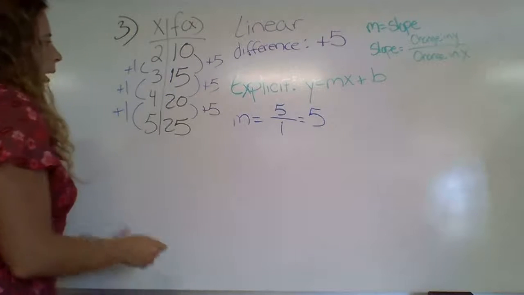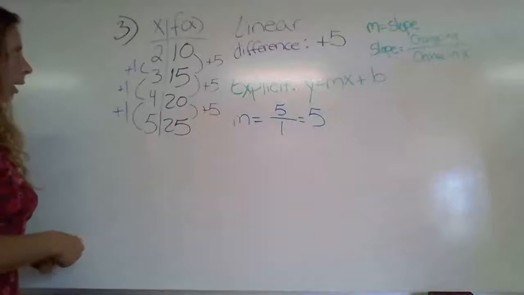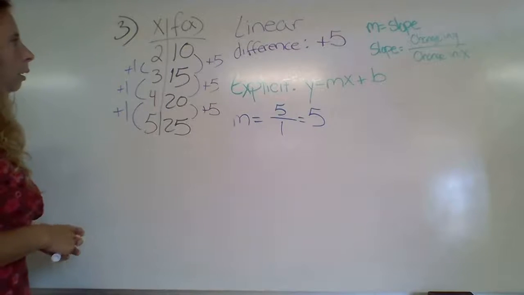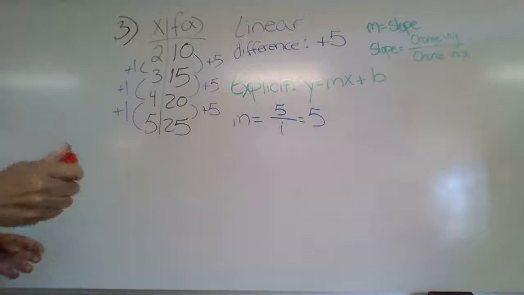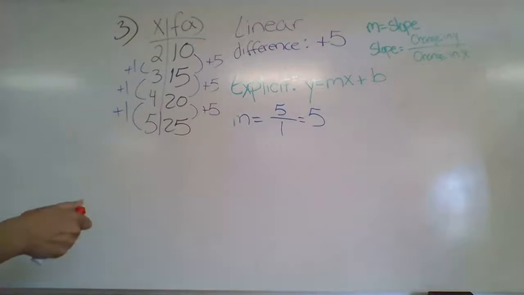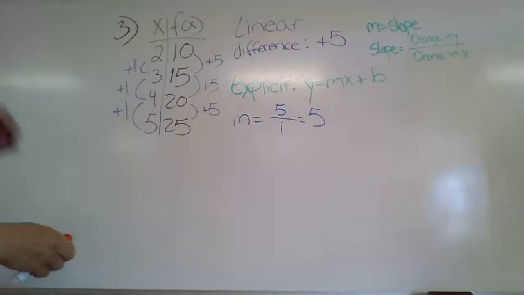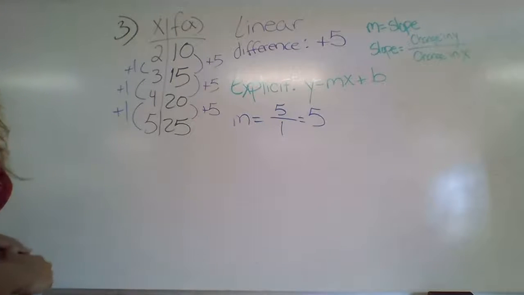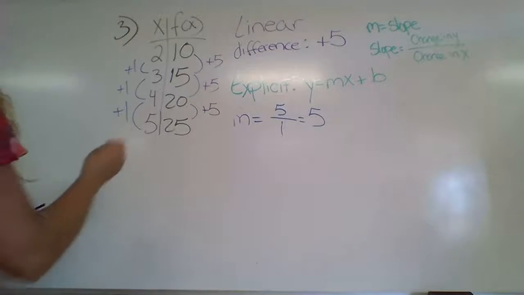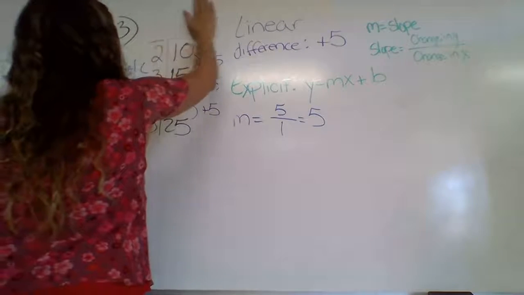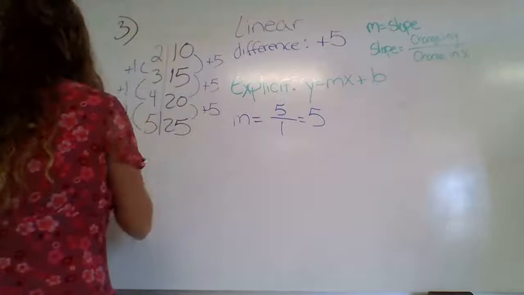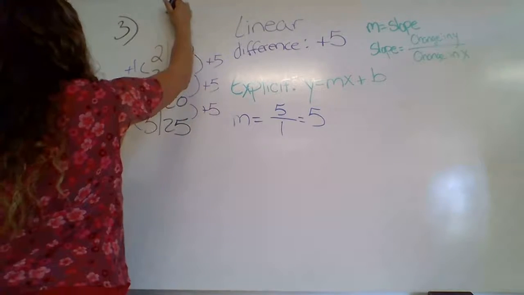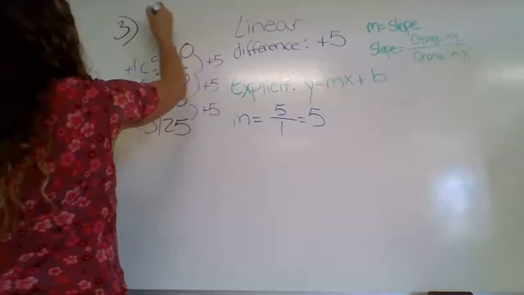Now to find your b. If you despise the way I showed you in class, another way to find the b is to do the pattern, well, to go backwards. Because the y-intercept is when x equals 0, right?